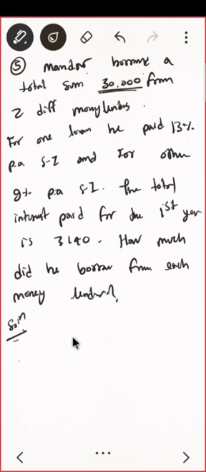Perfect. Now let us see. See, total sum is 30,000 and he borrowed from two money lenders. So you may write first money lender.